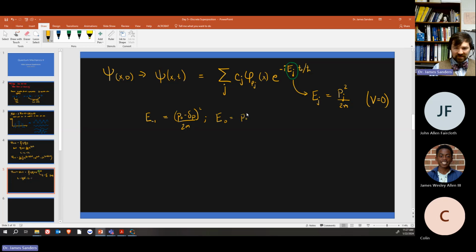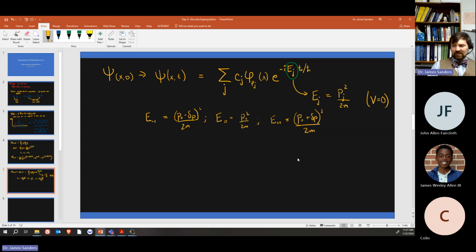E0 is just P naught squared over 2m. And E for the plus 1 state becomes P naught plus delta P squared over 2m.